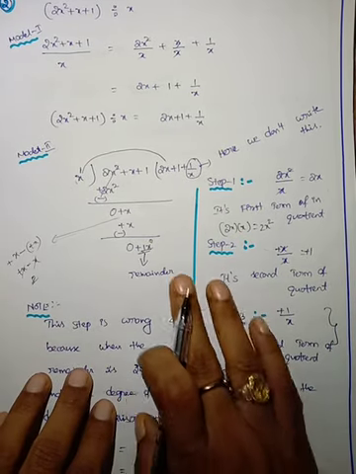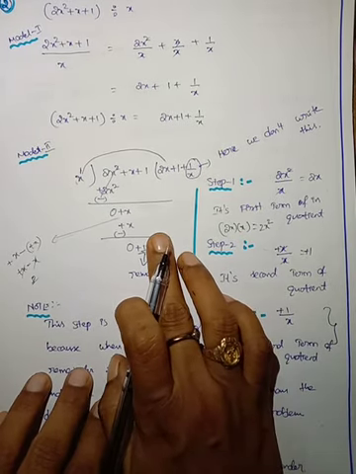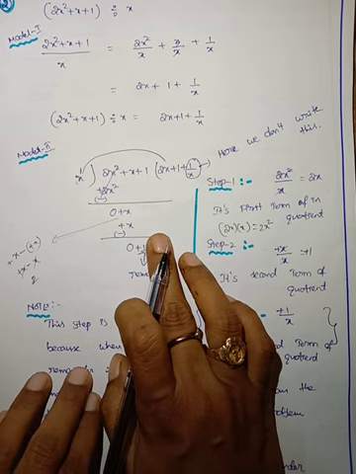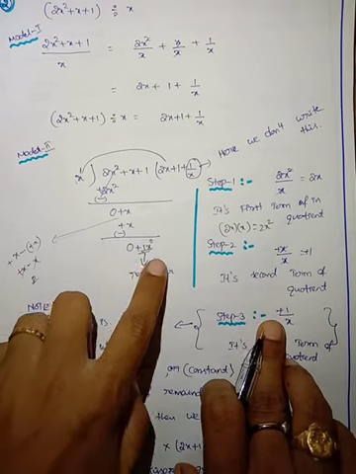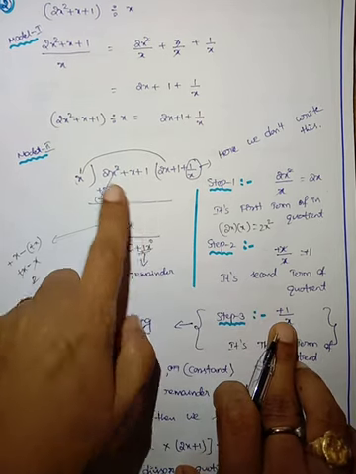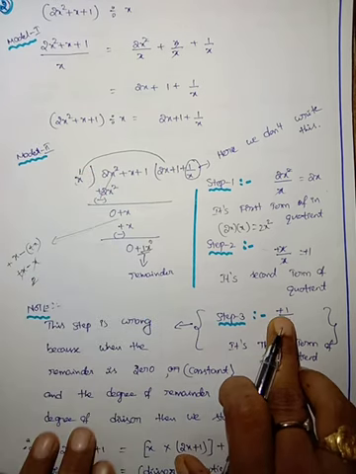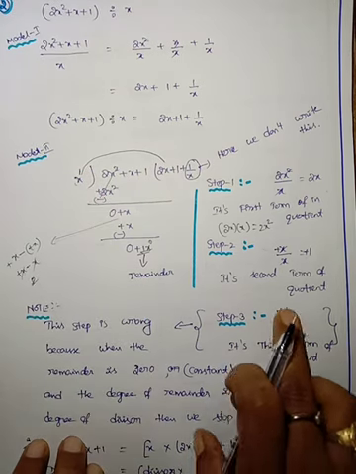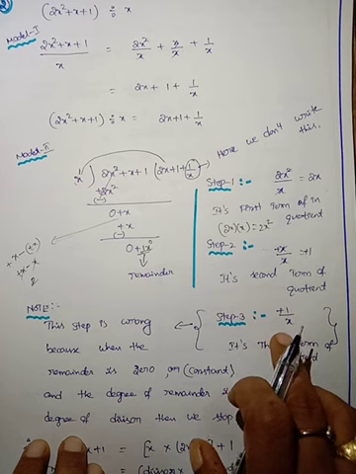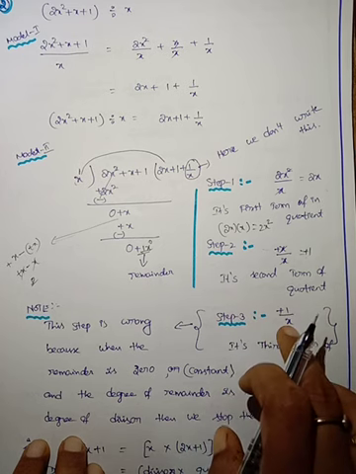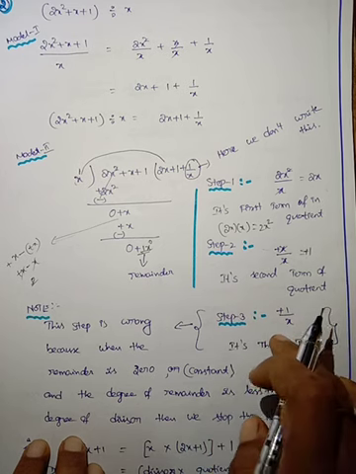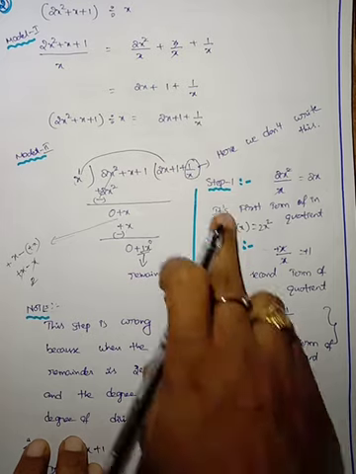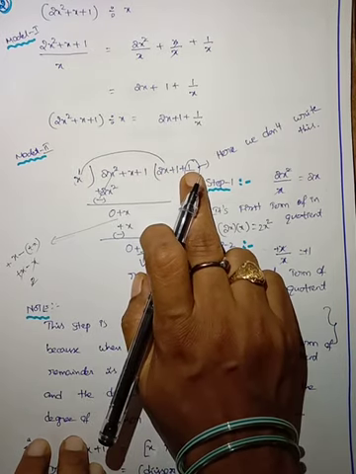But some students don't know the degree of the constant term, so they write plus 1 by x as the third term of the quotient. But 1 is not divisible by x.